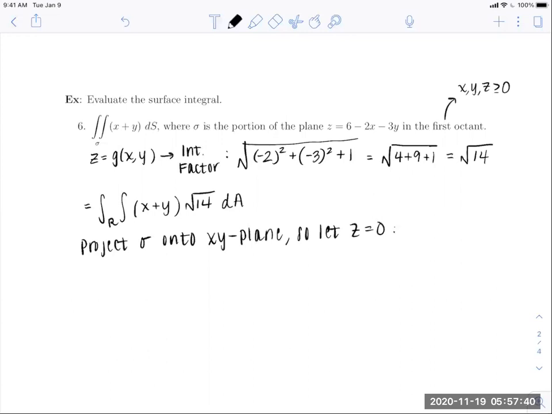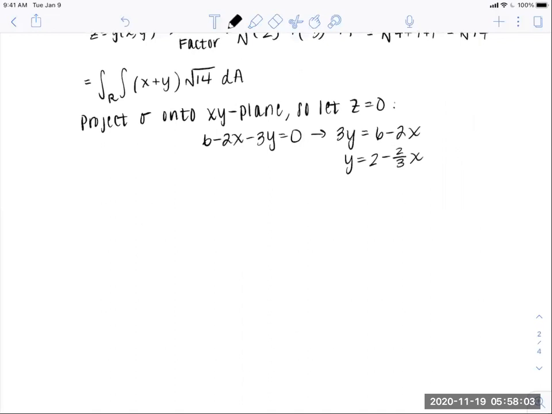So what that gives us is 6 minus 2x minus 3y equals 0. So I'm going to solve. 3y equals 6 minus 2x, or y equals 2 minus 2/3 x. All right, so what we see is we have a line that's being projected down.